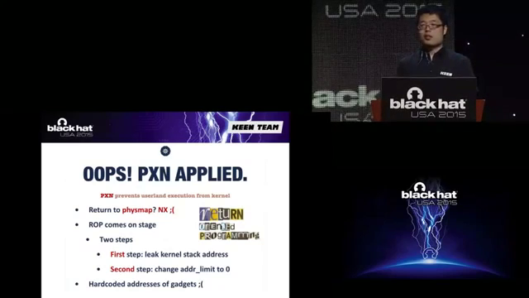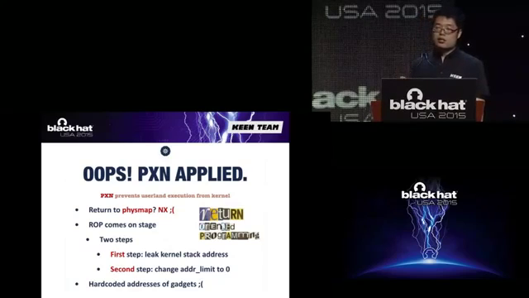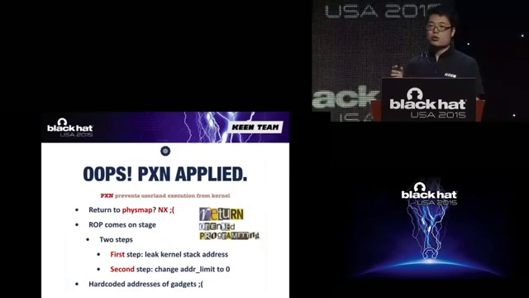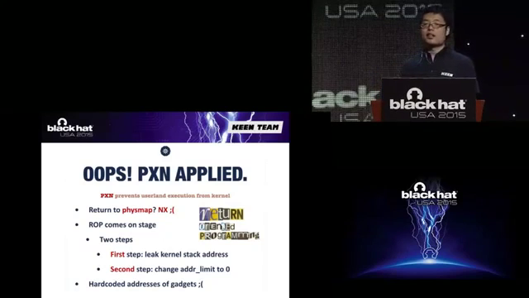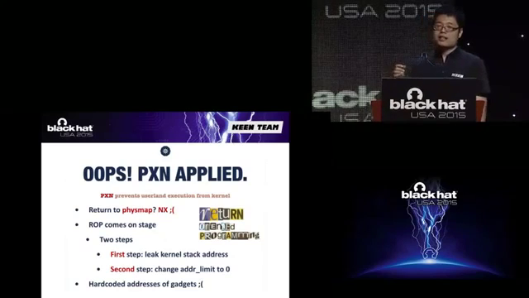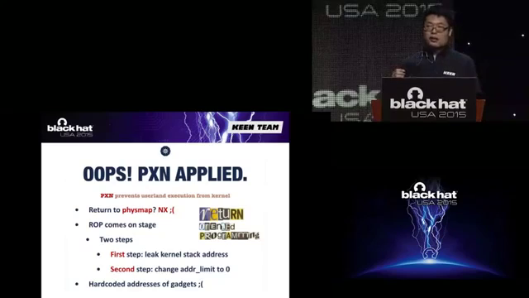So the kernel ROP has two stages. The first stage is to construct a ROP chain and leak the kernel stack address. And the second ROP chain is to override the addr_limit to 0. But a pity is that we have to do some hard coding here.